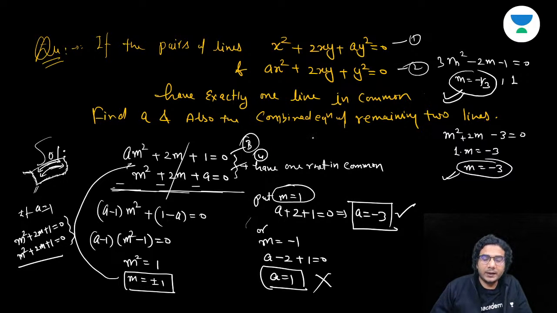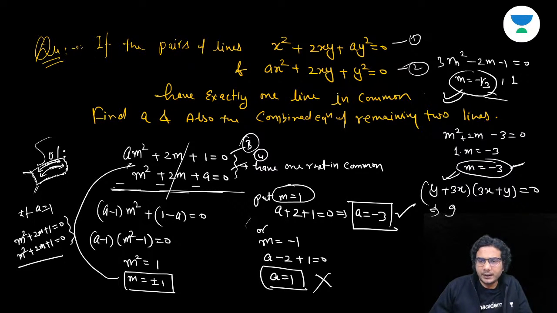If you need to write the combined equation, then it is going to be y minus mx, so y plus 3x. This is the first line, and the other line is going to be 3x plus y is equal to 0. Now expand it so you can write it in quadratic form.